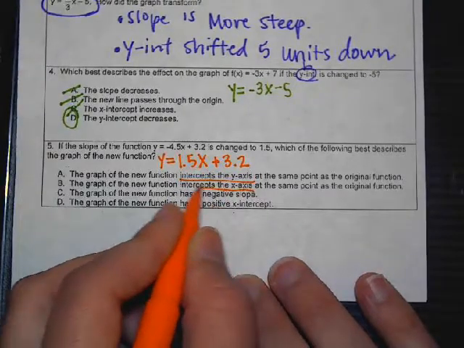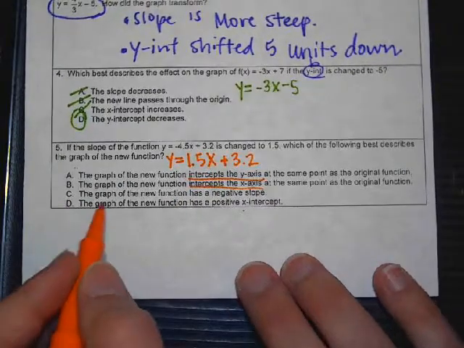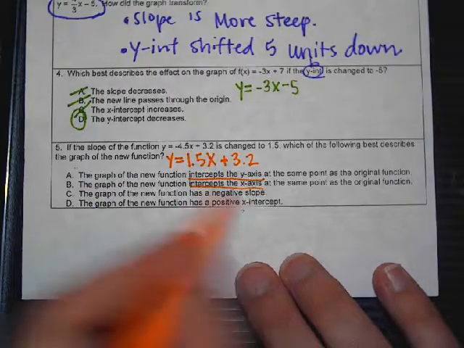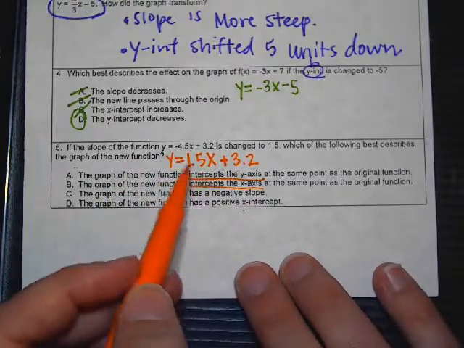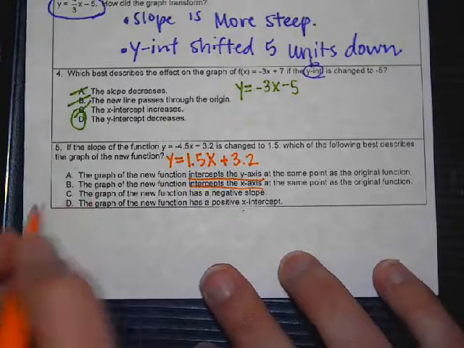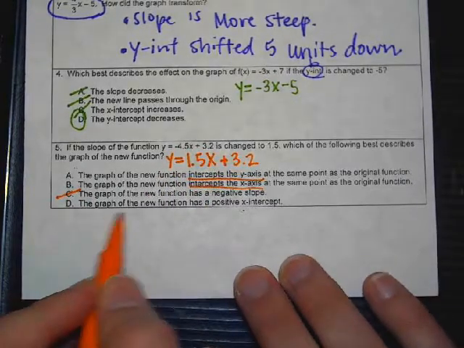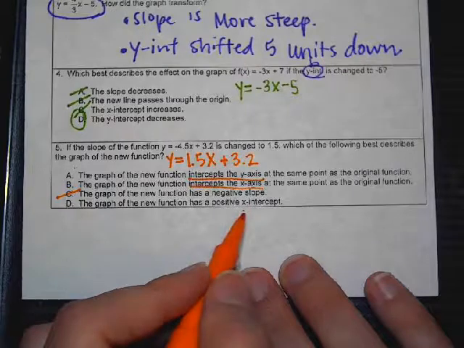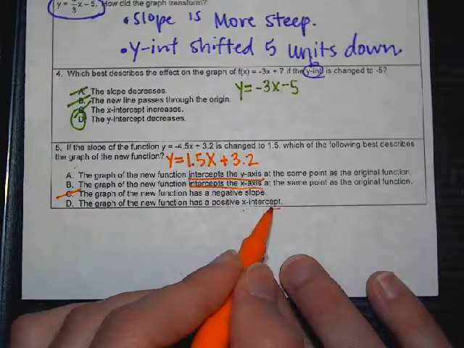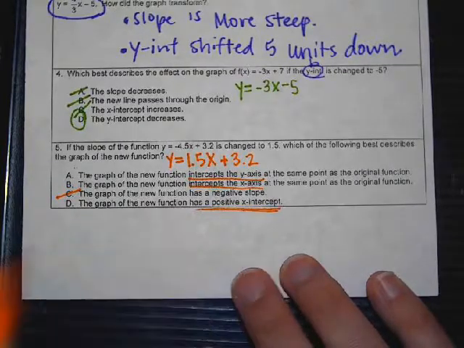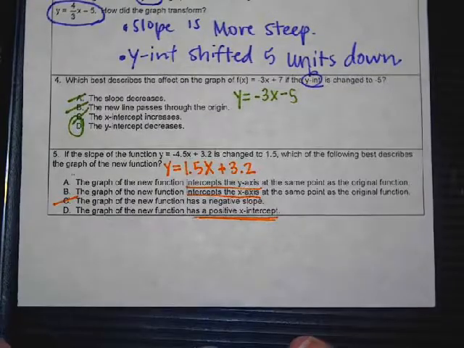Not yet. C, the graph of the new function has a negative slope. Well, does my new equation have a negative slope? No, it's positive, so that can't be it. D, the graph of the new function has a positive x-intercept. Do I know anything about the x-intercept yet? No, you have to graph it.